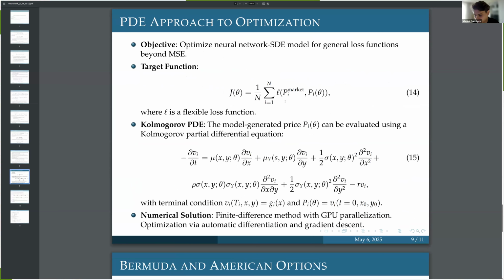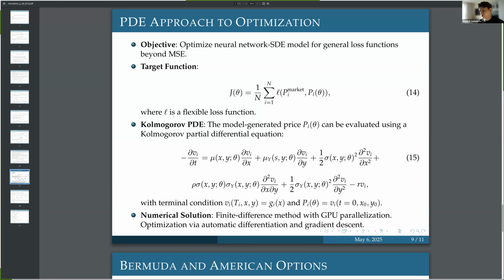The second method for optimization is the partial differential equation approach. Imagine you want to optimize a loss other than mean squared error. So your target function would look like this in formula 14.